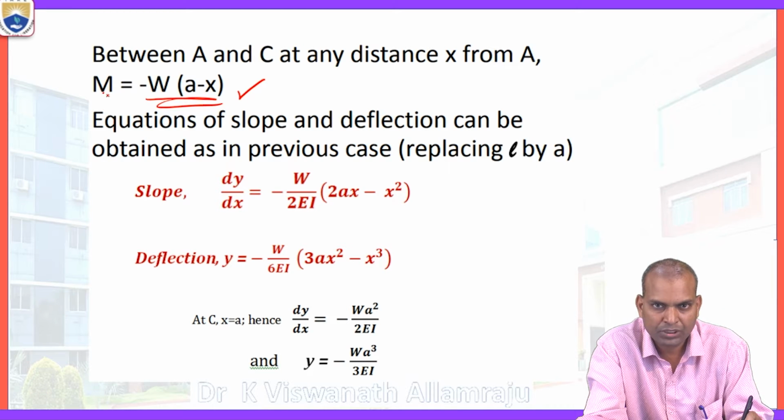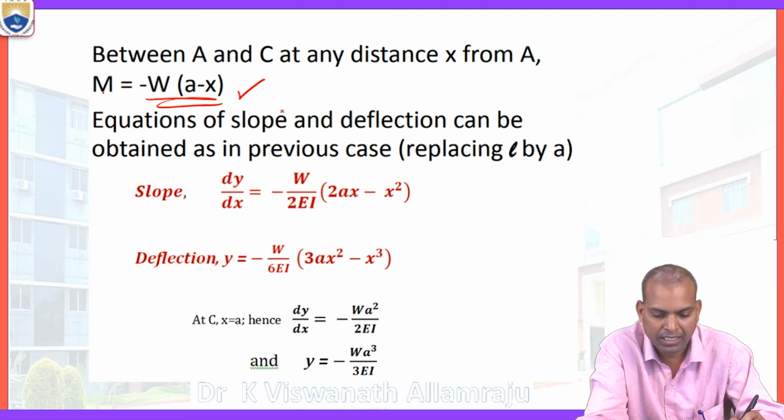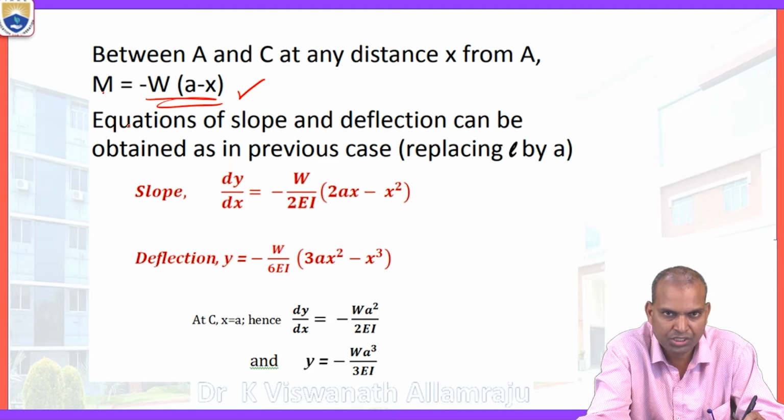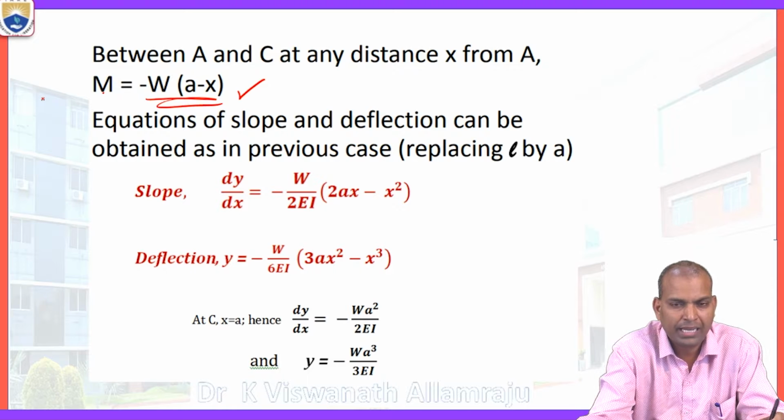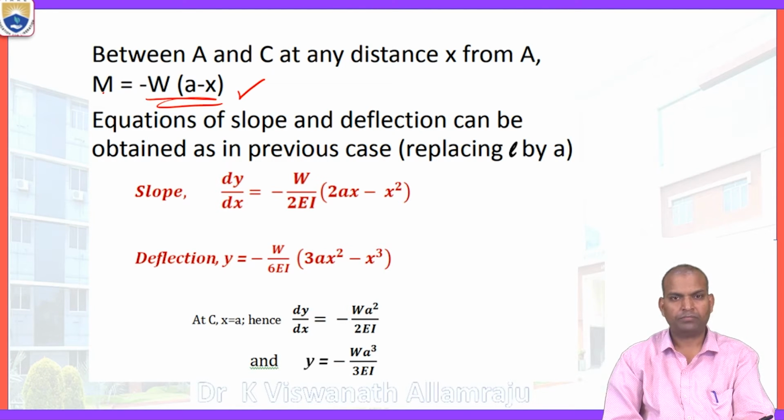Equate this M equal to EI times d square y by dx square. Then apply the boundary conditions, first integration, second integration, and calculate the constants of integration by using boundary conditions.